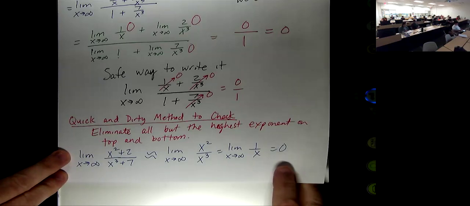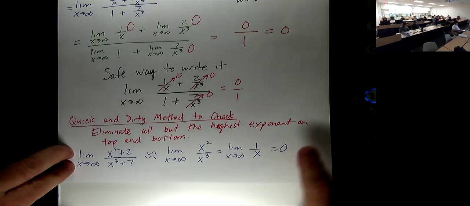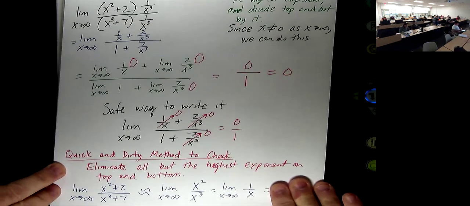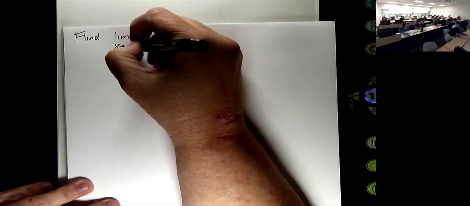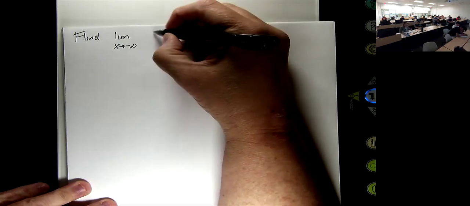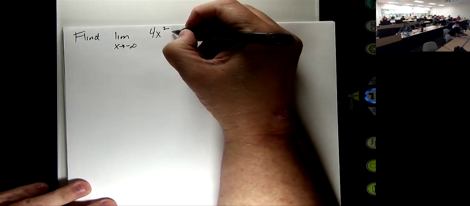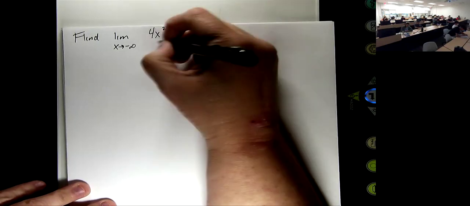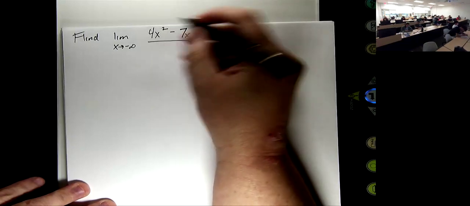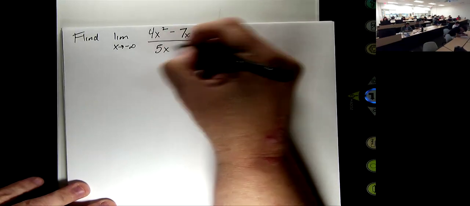You guys ready for more? You guys ready to try an example on your own? Oh yeah, let's do it. So find the limit as x goes to negative infinity of 4x² minus 7x plus 16 over 5x minus 1.